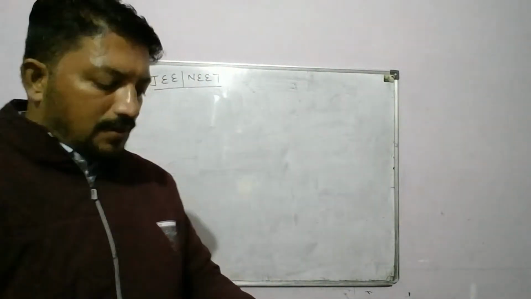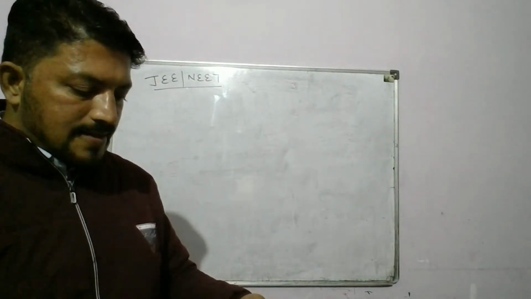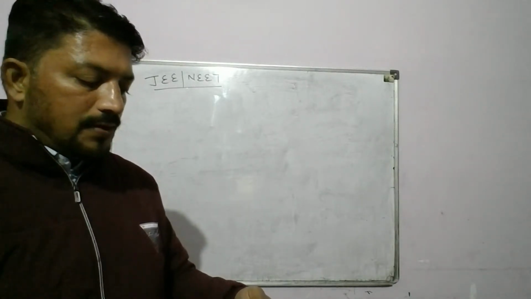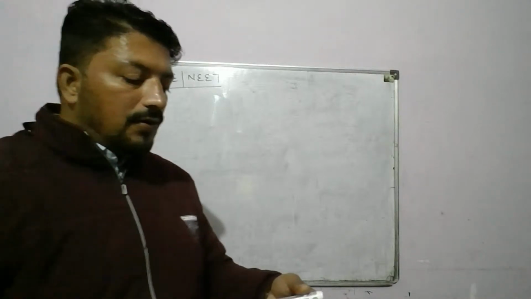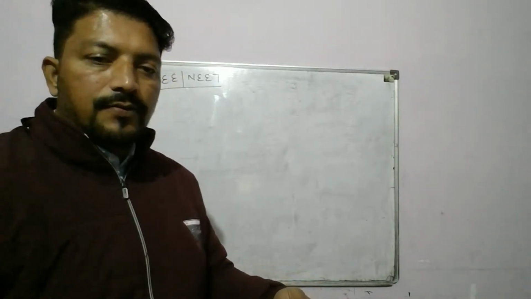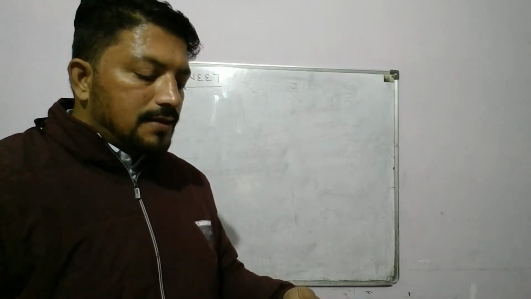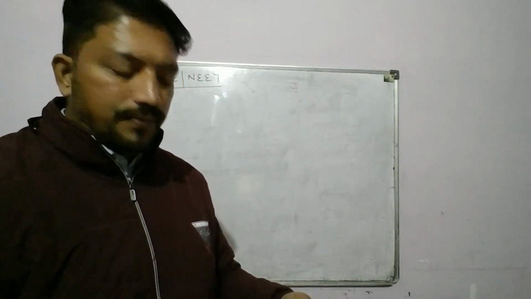The third question, and pause if you want to write the question. The question is, a ring of radius r, carries a charge capital Q.